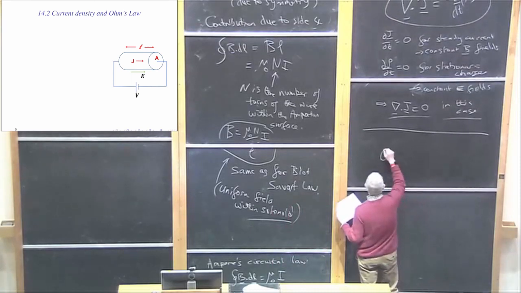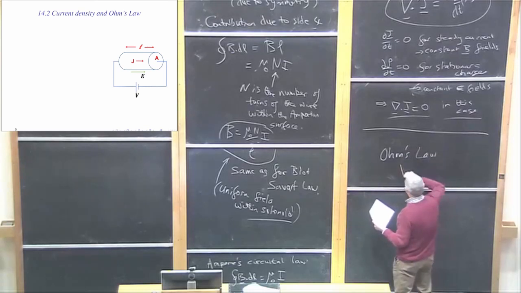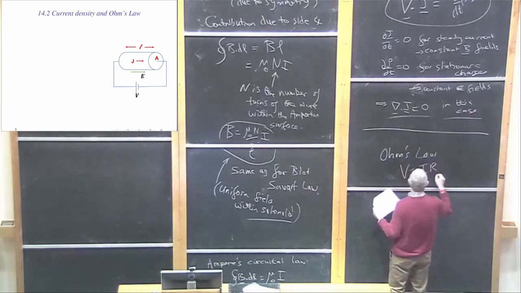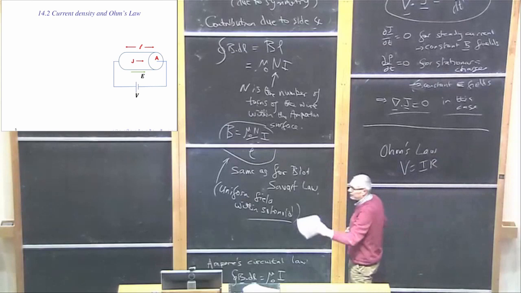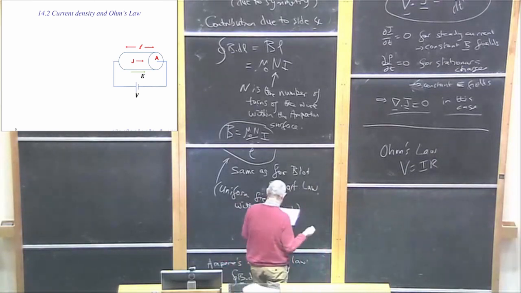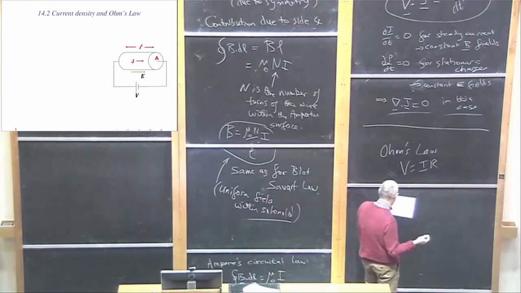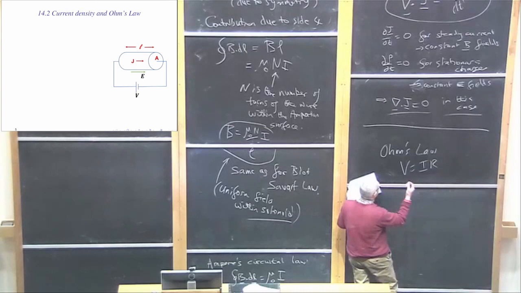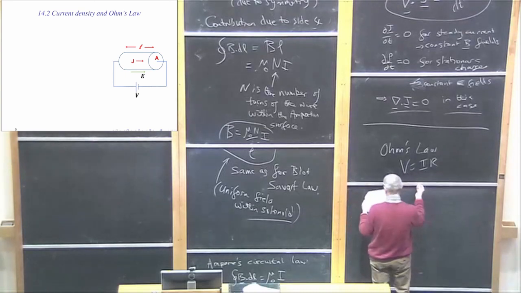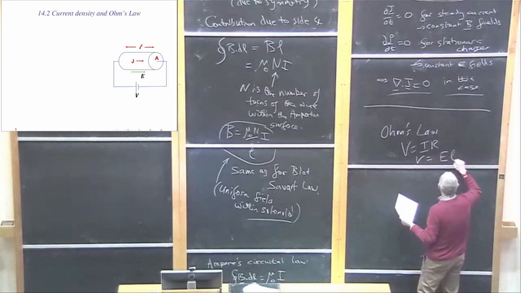I can write Ohm's law as V equals IR. So we've got some conductor there represented by that cylinder. We've got an electric field, a current, and a current density through an area at the end, and we've got a length L. You probably even did this at A level.